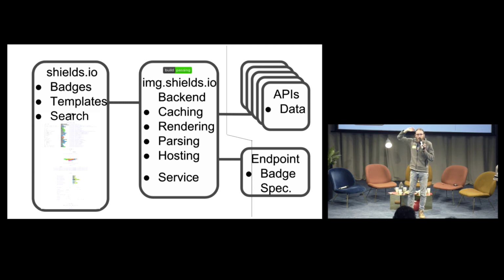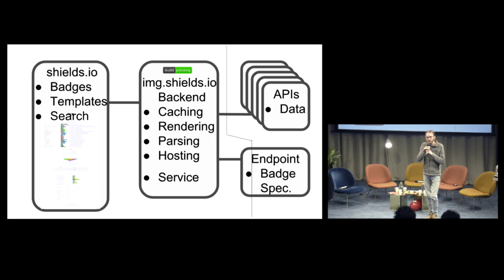You can have a template where you say, okay, for example, I have a project with this name in that organization, and I want to know if the build status is working. I just put in the organization and the project name, and then I get the badge. So this is the templating, and there's also a search for different badges you can get, because there are a lot that don't really fit on the screen.